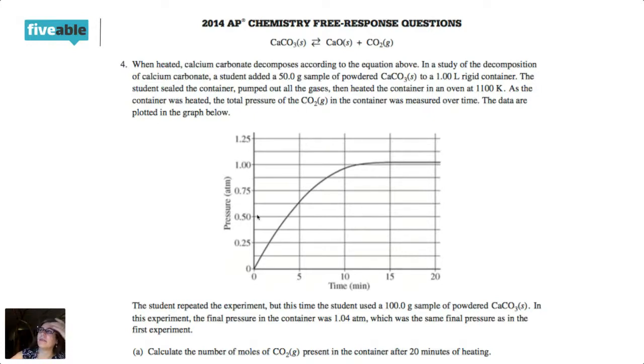The data are plotted in the graph below. So since the student pumped out all the gases, it starts at 0, and then it goes all the way to a little bit more than 1 atmosphere. Where, by looking at the graph, at which time do you think equilibrium was achieved?